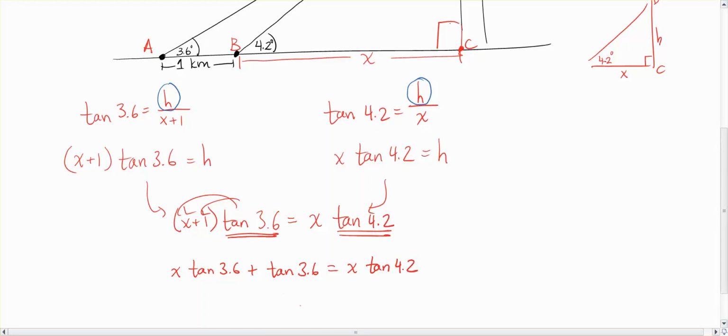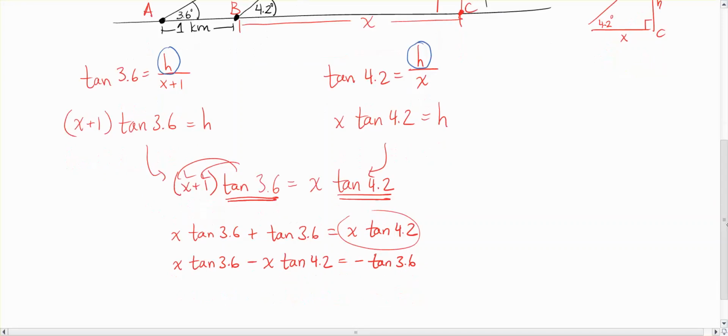And I want to get all the X terms on one side and everything else on the other. So I'll keep the X tan 3.6 on the same side. I'll move this one over to the other side so it becomes minus X tan 4.2. And then I'll move the tan 3.6 over to the other side so it becomes negative tan 3.6.